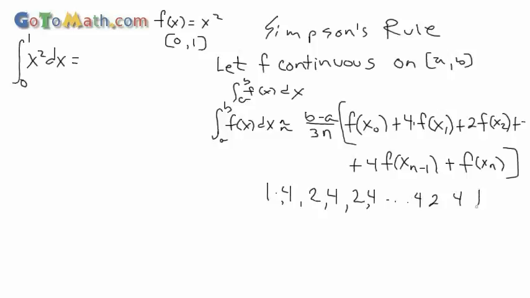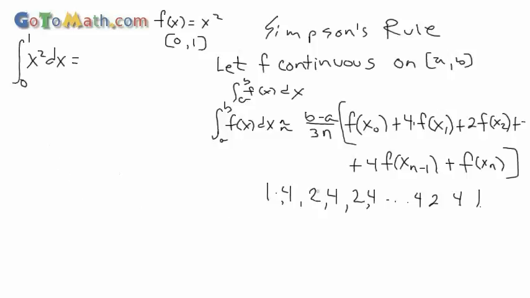The last two must be a 4 and a 1 right here. So here are the coefficients, and this stuff is actually derived, but we're not going to do that. You'll have to take my word for it.